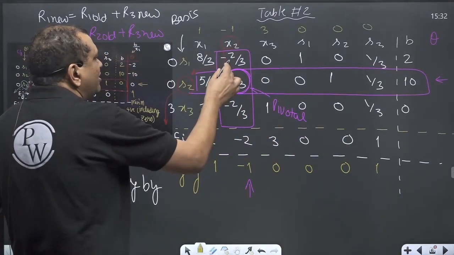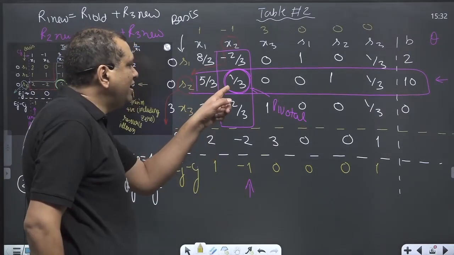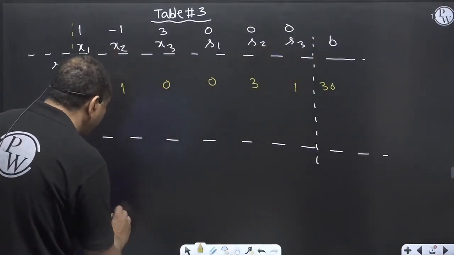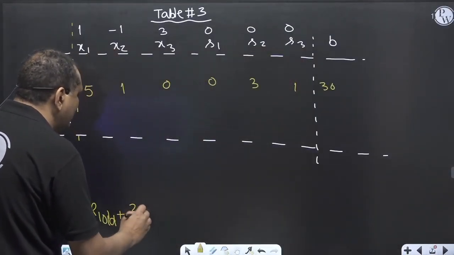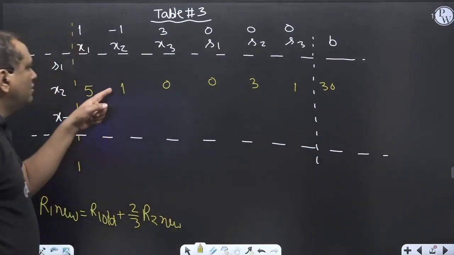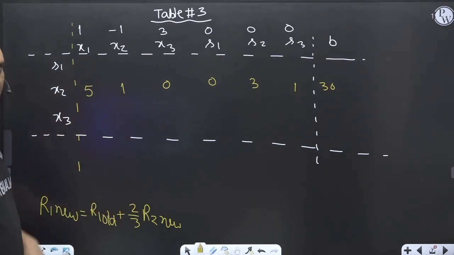How much is R1 old? Minus 2 by 3. And this is 1. So can I say plus 2 by 3 R2 new? If I add, because it's minus 2 by 3, it will become 0.